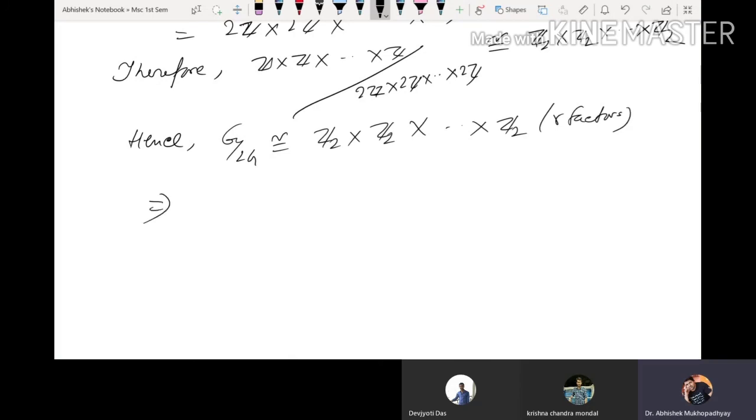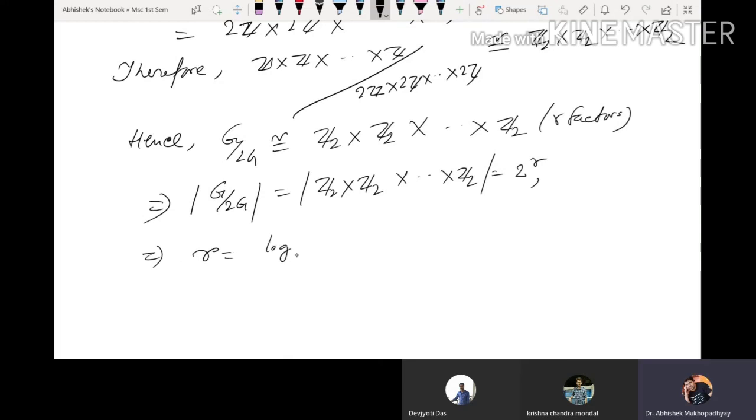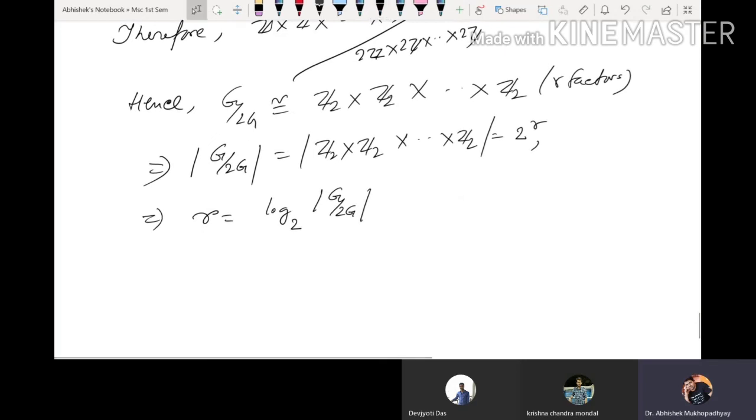And this implies the cardinality of this group must be the cardinality of the group Z2 cross Z2 cross ... Z2 with r factors. That means it is 2 to the power r. And this implies r is log base 2 of the cardinality of G by 2G, which is a fixed quantity.